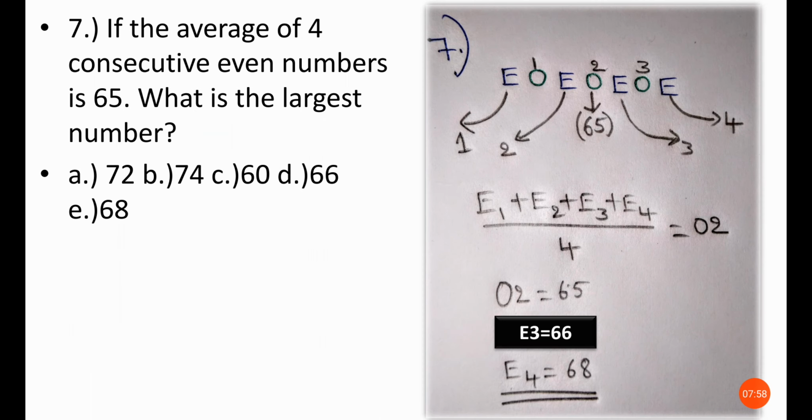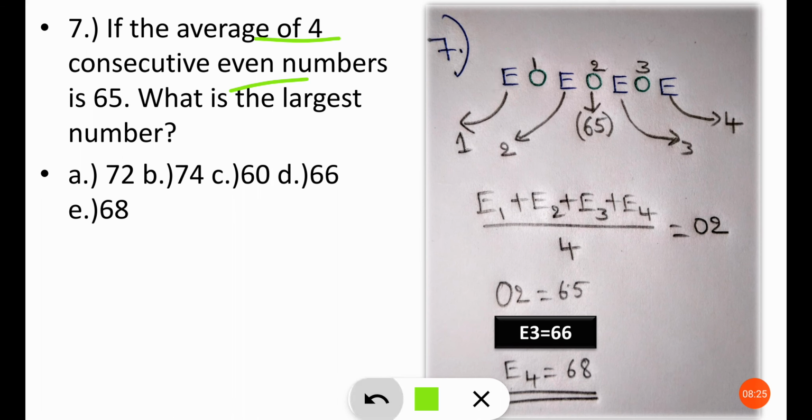Moving to the seventh question, last one I think. If the average of 4 consecutive even numbers is 65, what is the largest number? Average of 4 consecutive even numbers means E1, E2, E3, E4. If we sum up E1 plus E2 plus E3 plus E4 divided by 4, we will get this middle value.